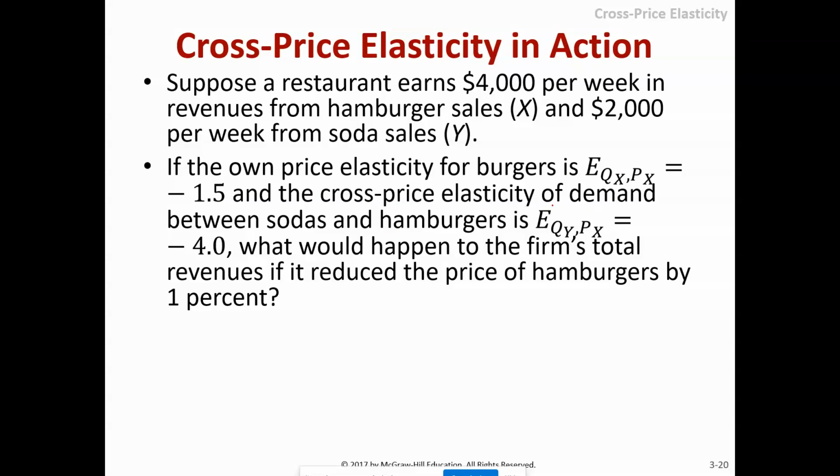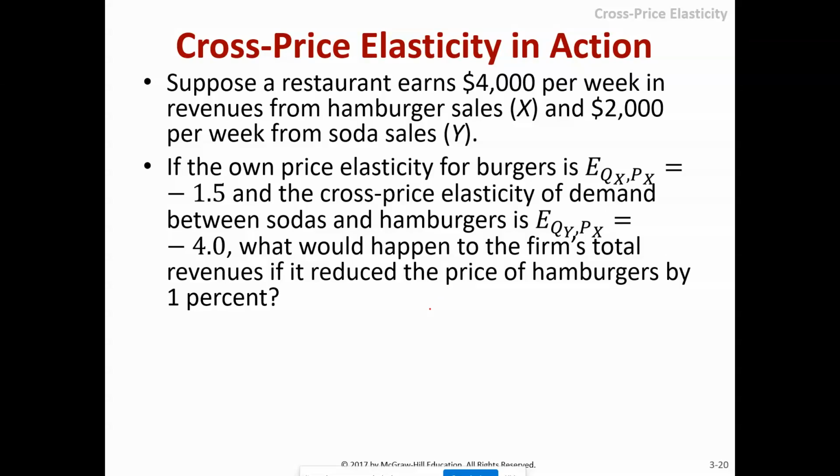And the cross-price elasticity of demand of soda Y in response to a price change on X, hamburger, is negative 4. What will happen to total revenue if it reduces the price of a hamburger by 1%?